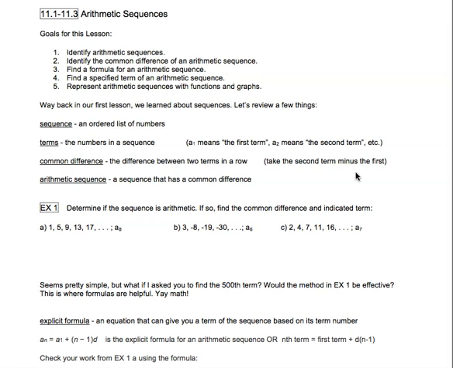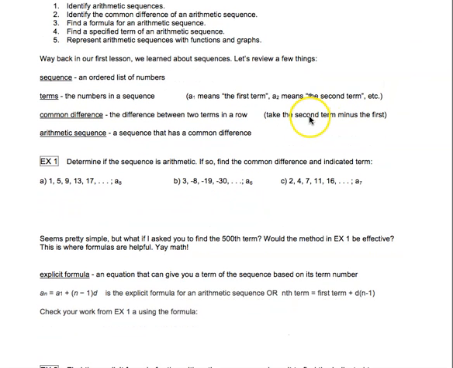It is a common difference, which means it stays constant. So it shouldn't matter which terms you pick as long as they're in a row. And it does need to be the later term minus the earlier term. An arithmetic sequence is simply what we call a sequence that does have a common difference.